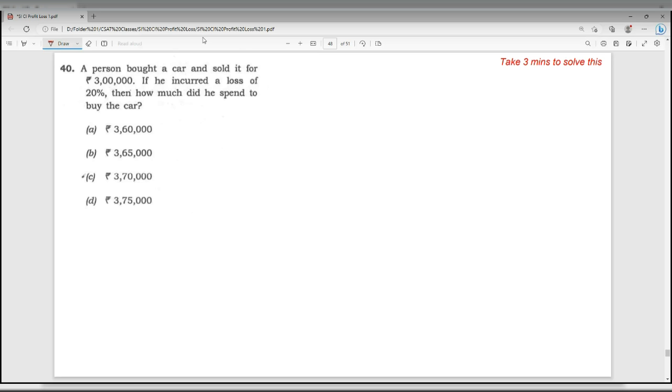So the normal formula: incurring a loss of 20% is minus 20 is equal to (selling price minus cost price) divided by cost price into 100. He sold it for 3 lakhs. Let the cost price be P. This is minus 0.2, as the 100 has come here.